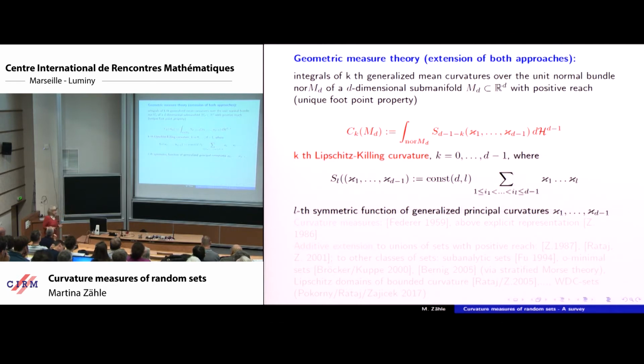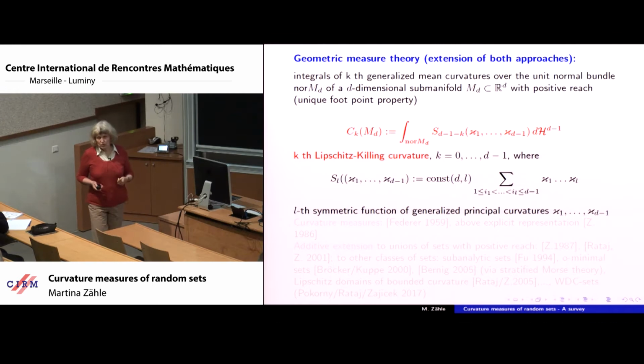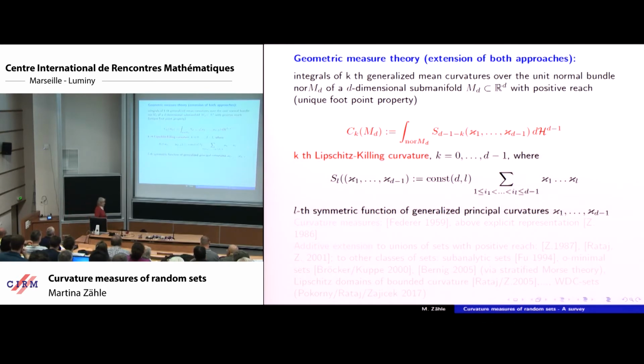And this is an extension in the measure geometric context due to Federer in the late 1950s. There was an extension of these k-th order curvatures to so-called sets with positive reach. A set with positive reach is characterized by the so-called unique projection property in a neighborhood.